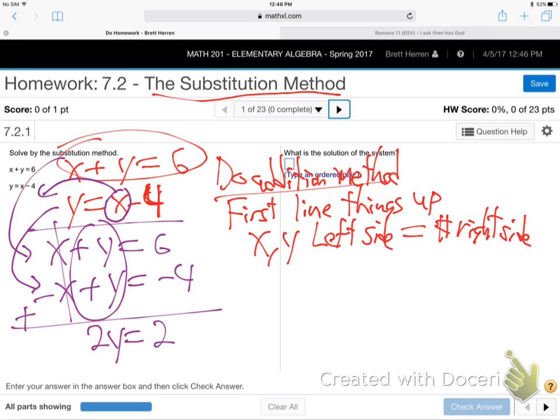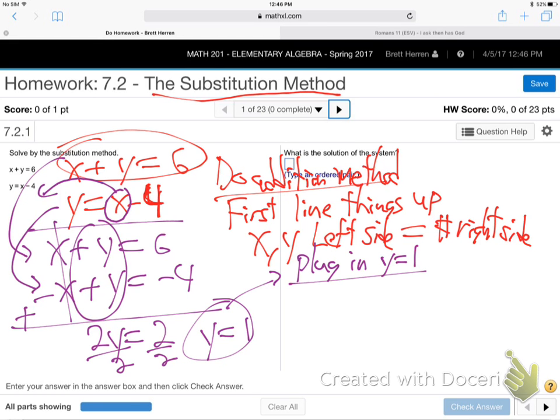We all good there? The x's cancel, the y and y makes 2y. And so how do we solve for y? Divide by 2. Y is 1. That good? We got y. Now plug in. Y is 1. Where do we plug in?